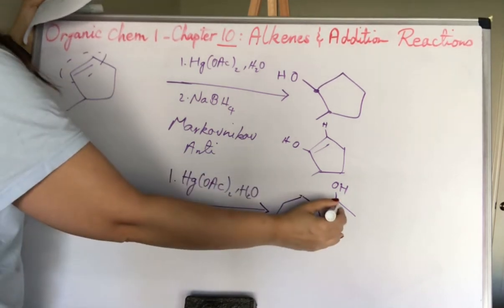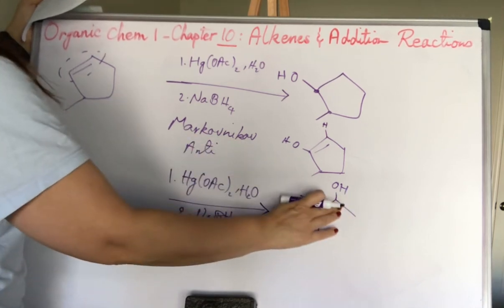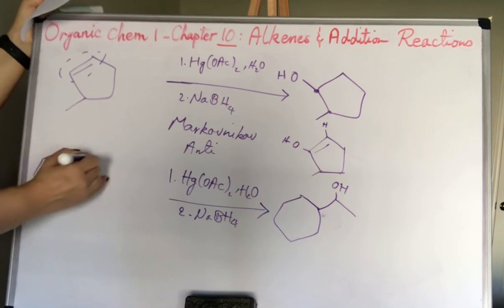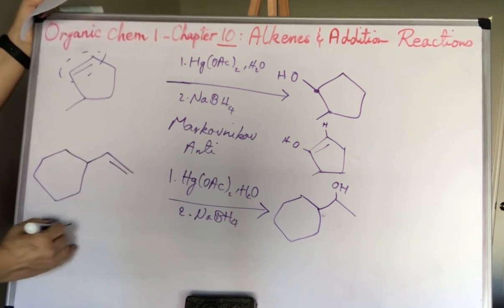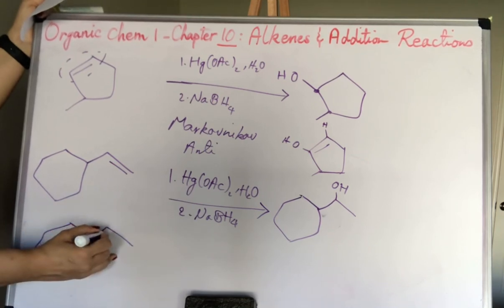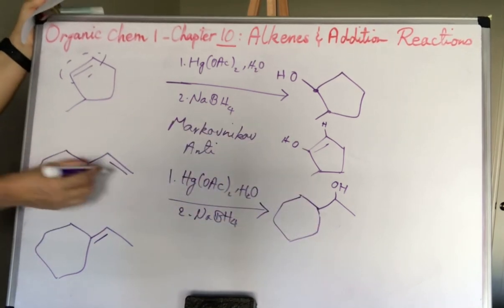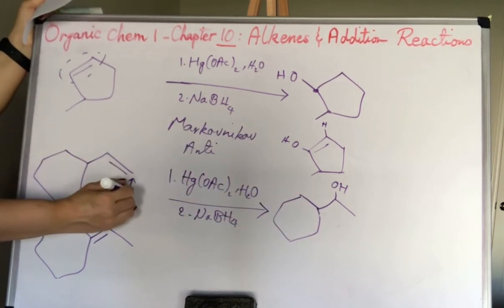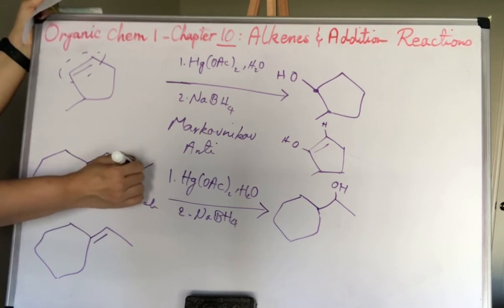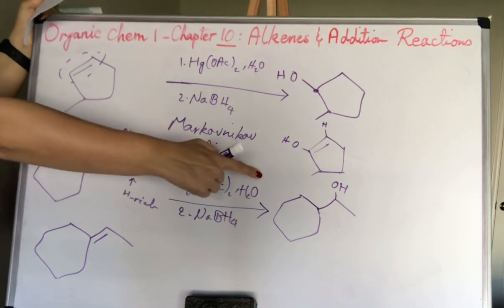It's either the double bond is here or here, right? Let's put it here. If we have the double bond here, in the reactant we don't have OH, right? So let's see. If we have this compound, this is the hydrogen-rich carbon. So hydrogen will be added here, and OH will be added here. And we end up having that compound.